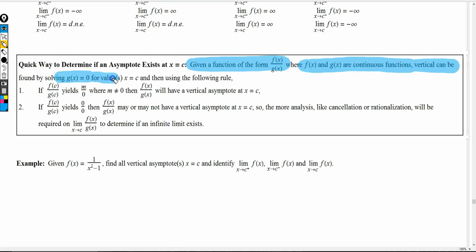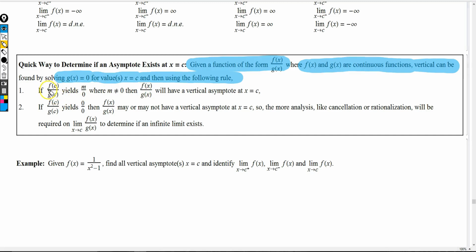You solve those for the values x equaling c, and then you use the following rule to determine if x equaling c is a vertical asymptote, or if it requires more analysis, as it might not be a vertical asymptote. You solve for where the denominator is equal to 0, you get several values, and then you can use the following two results to determine if those values are vertical asymptotes or not.